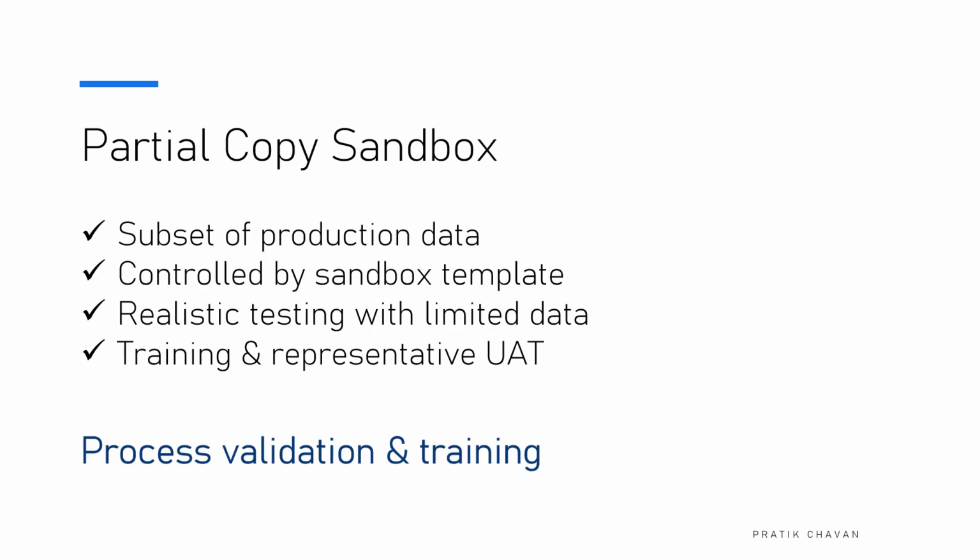In the exam, look for keywords like realistic but limited data, training environment, subset of production data. From a business analyst perspective, this is often the best balance between realism and data control.